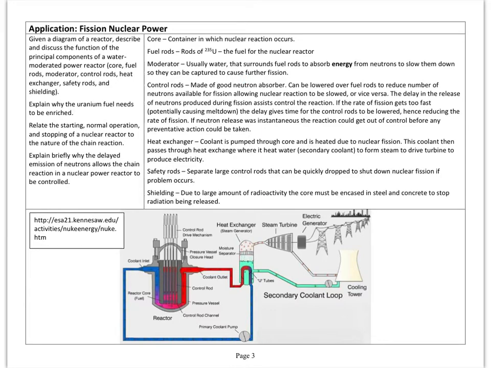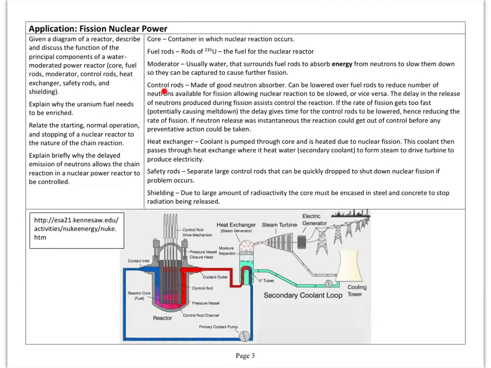So remember, they've got to get slowed from 1 to 2 mega electron volts that they get released at to about 10 electron volts so that they can induce a fission. So there's moderator surrounding the fuel.